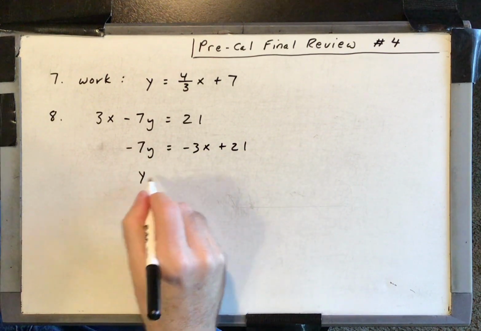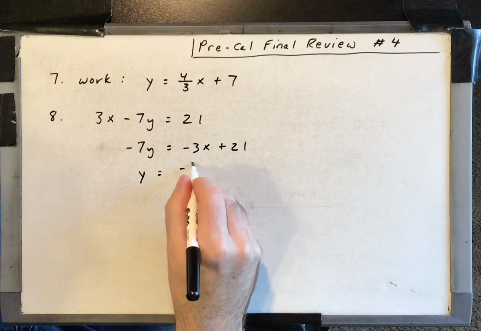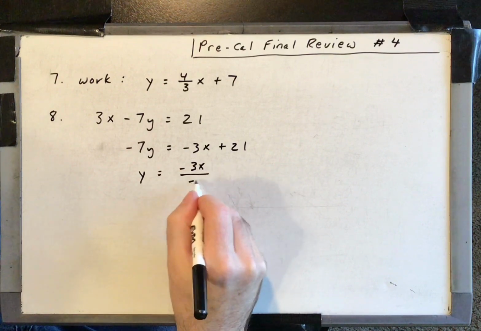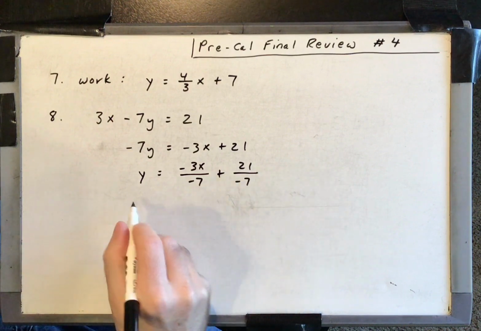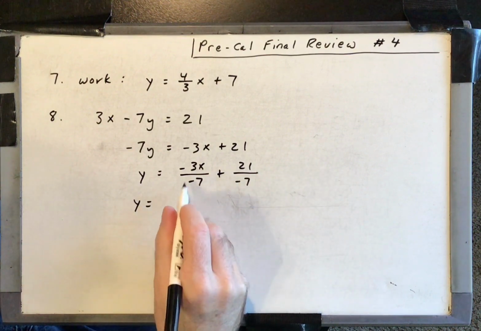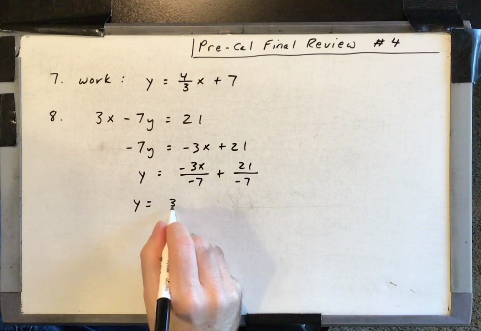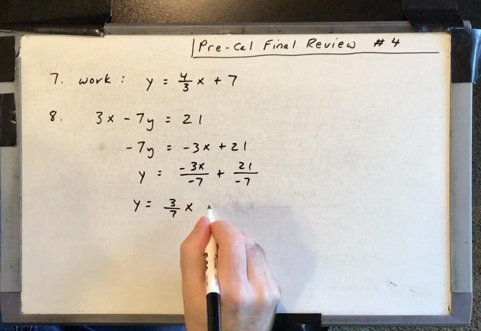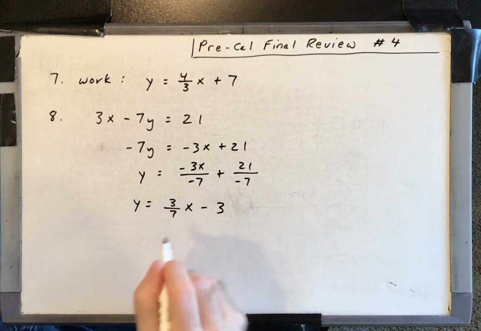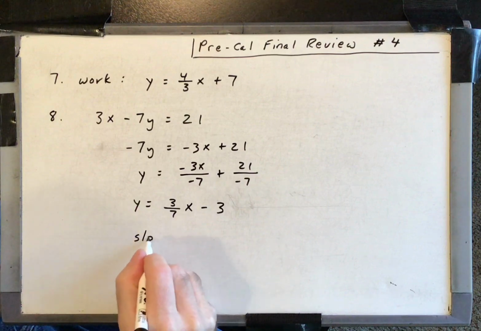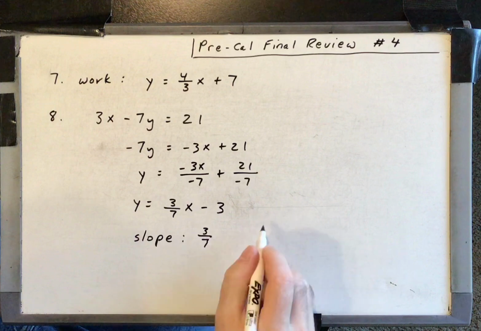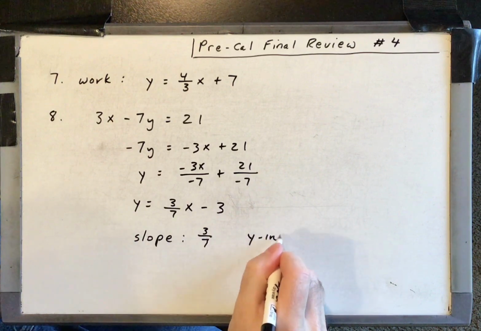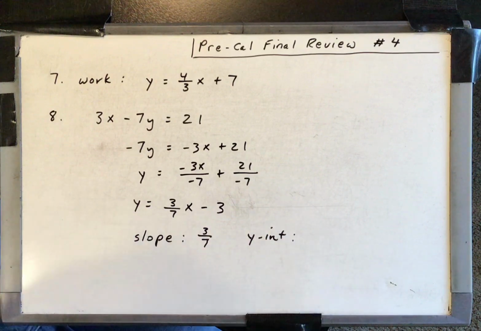Let's divide both sides by -7, so we'd have -3x over -7 plus 21 over -7. So y is equal to, the negatives cancel, 3/7 x minus 3. So our slope is going to be 3/7, and our y-intercept is -3.